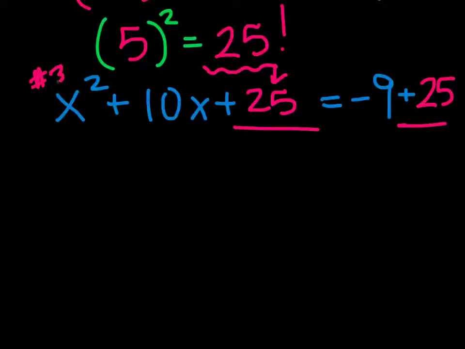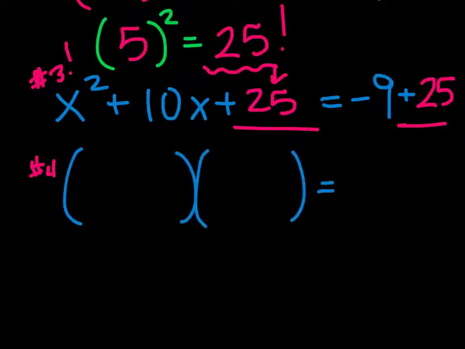Step number 4 tells us we need to create a perfect square trinomial out of this. So we need to say x plus something is equal to everything on the other side. Negative 9 plus 25 gets us 16. Now let's find our perfect square trinomial.